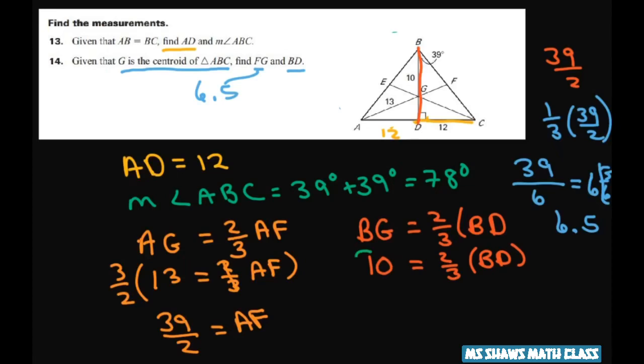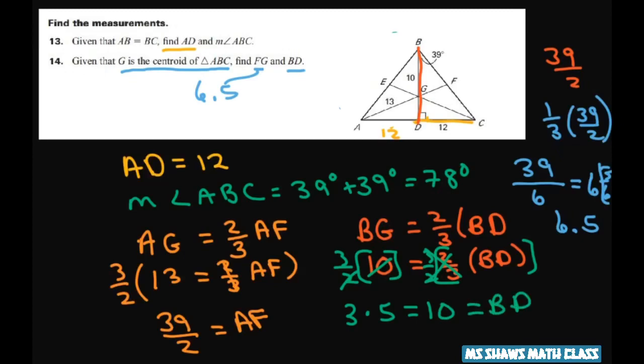Okay, so multiply both sides by 3/2. That means this cancels. 2 goes into 10 5 times. So 3 times 5 equals 15, which equals your BD. So, oh, why did I put 10? This is 15.